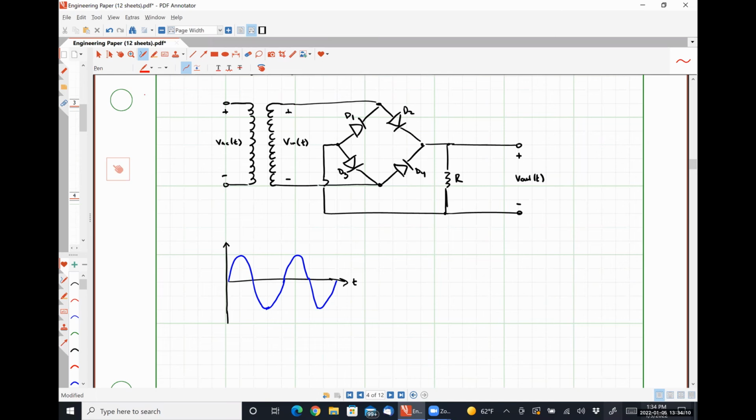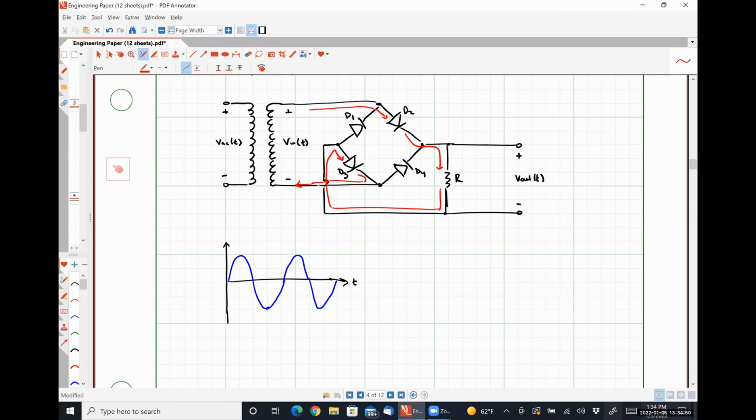So as Vn is entering the positive half cycle, what we're going to see is that D2 is going to turn on. So effectively, we should see current flow through D2 because it's turned on. That current is going to flow through R. It's going to cycle back around this way, flow through D3, and then there's the return path for the current up through the transformer.